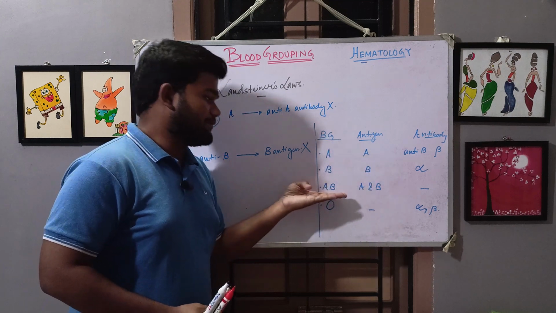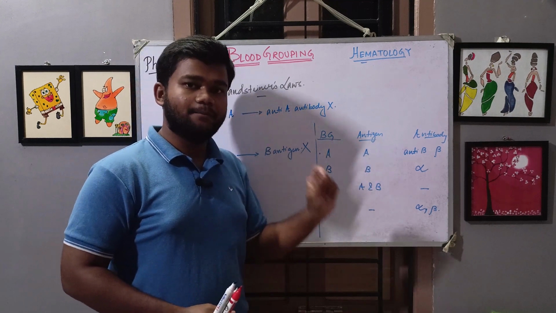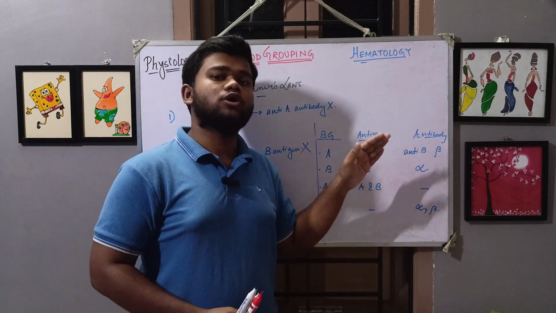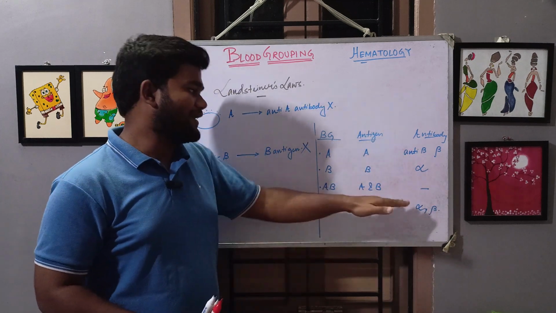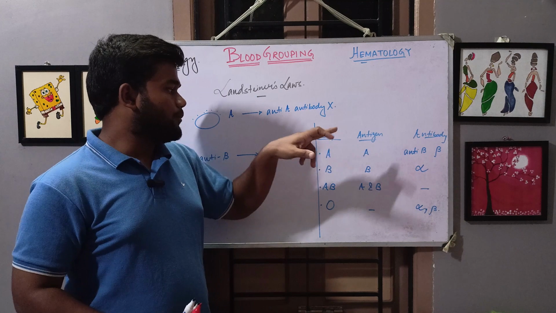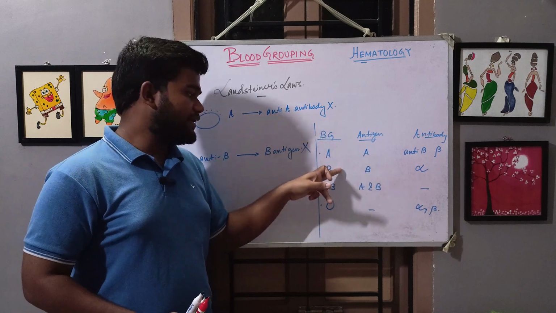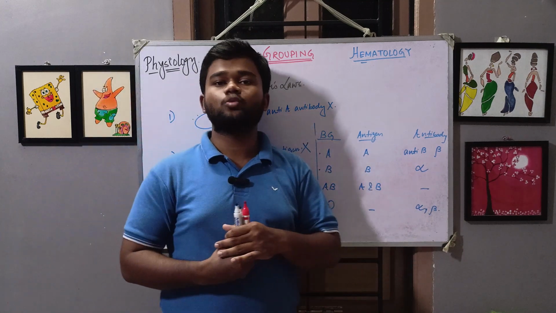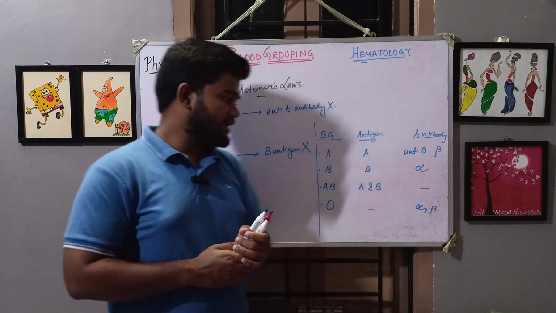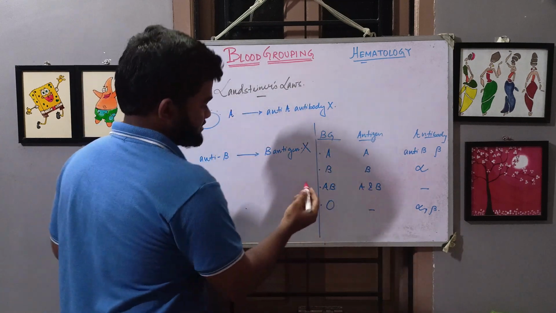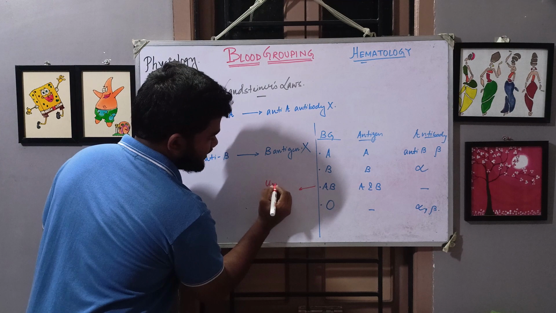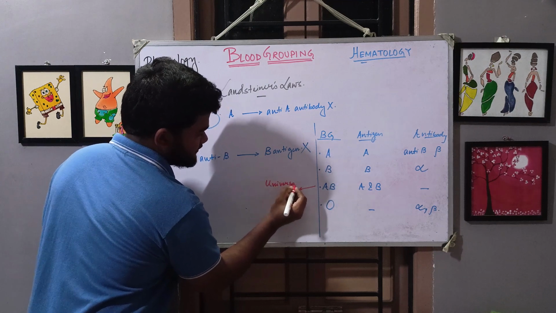So, this person can have blood from any source whatsoever it might be. That is, they can accept blood from A, B as well as O blood group persons. Thus, the AB blood group persons are said to be universal recipients.